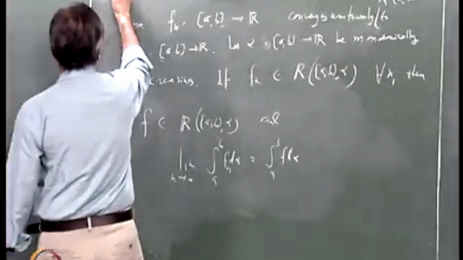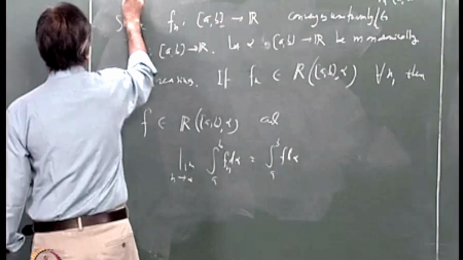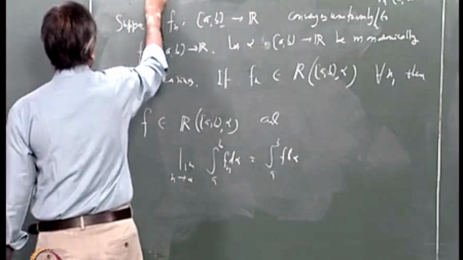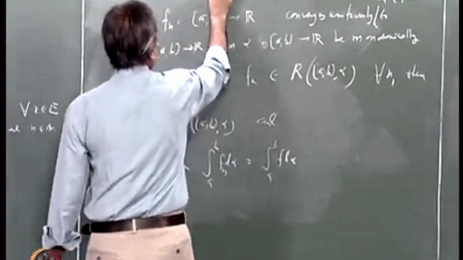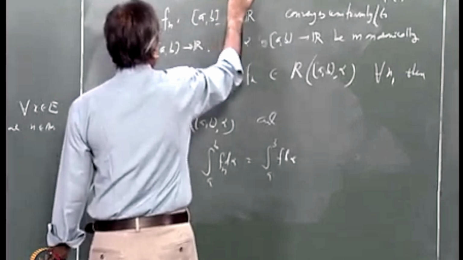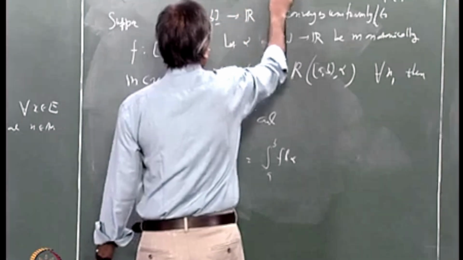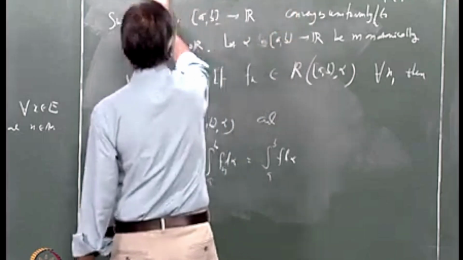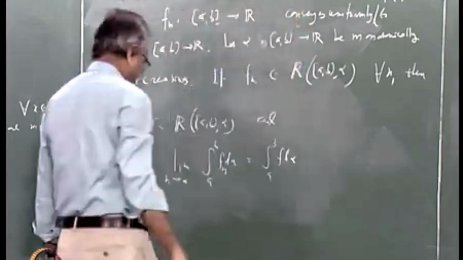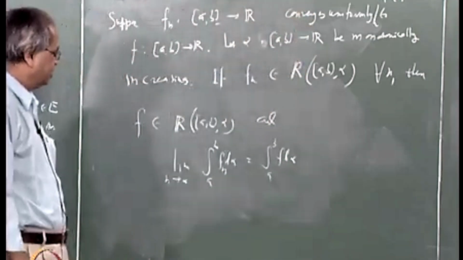So this is a theorem on integration and uniform convergence. This is what we are discussing: integration and uniform convergence. There are two things to be proved here.